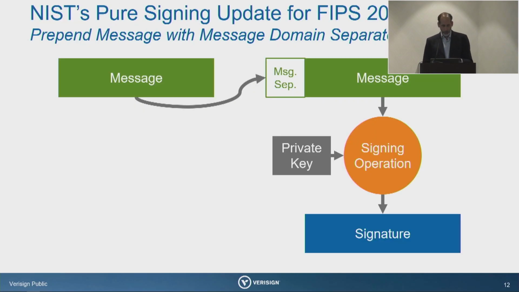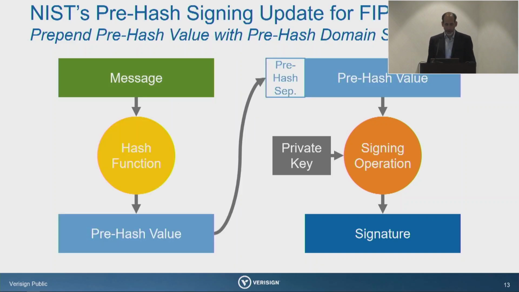And just to illustrate what came out in FIPS 204 and 205, the one difference you'll see here from the diagram I drew before is this block called the message separator. That's the domain separator. That is a defined value that's prepended to the message when the message is in this pure mode. And then in the prehash mode, there's another defined value prepended to the prehash.